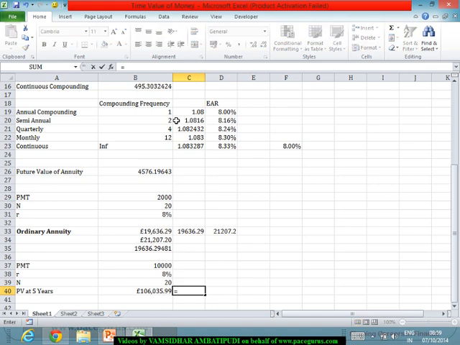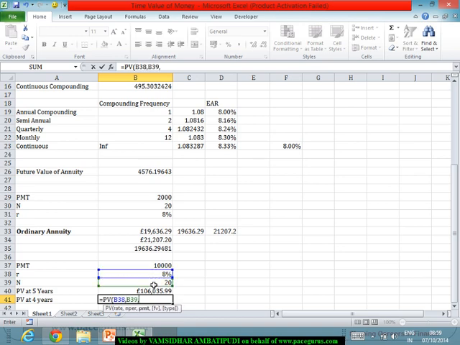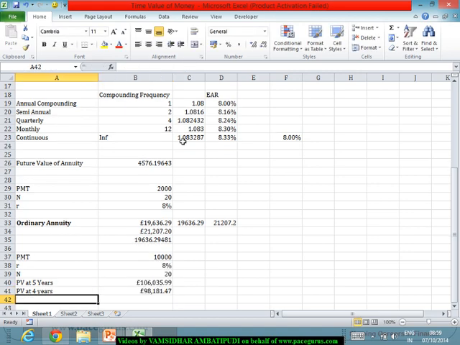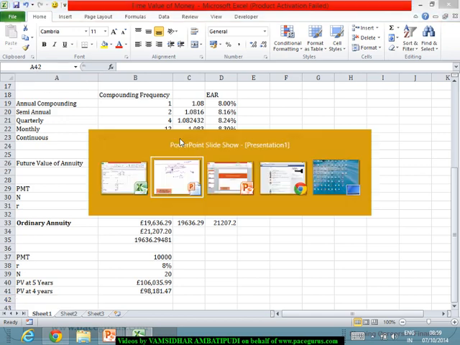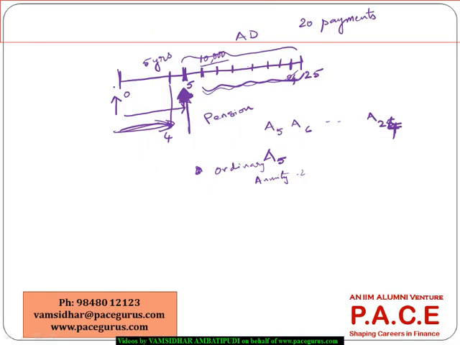So in that case, if I have to see PV at 4 years from now, then I can treat it as an ordinary annuity only. So going at 8% for a 20-year period, payment of 10,000, and here looking at the first payment coming at the end of one period from now, it is coming out to 98,181. Now at the end I want the value as of today.